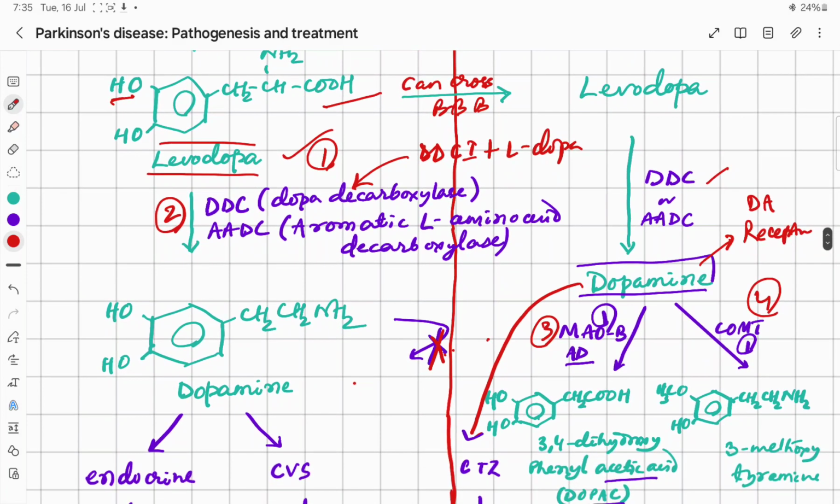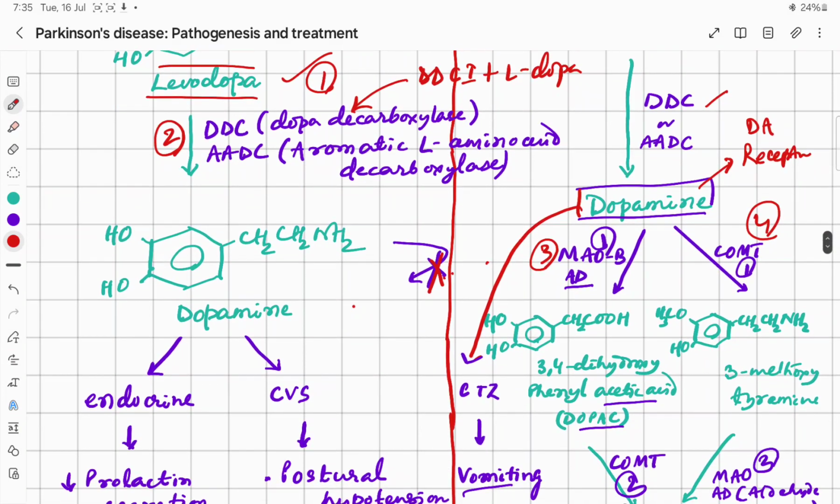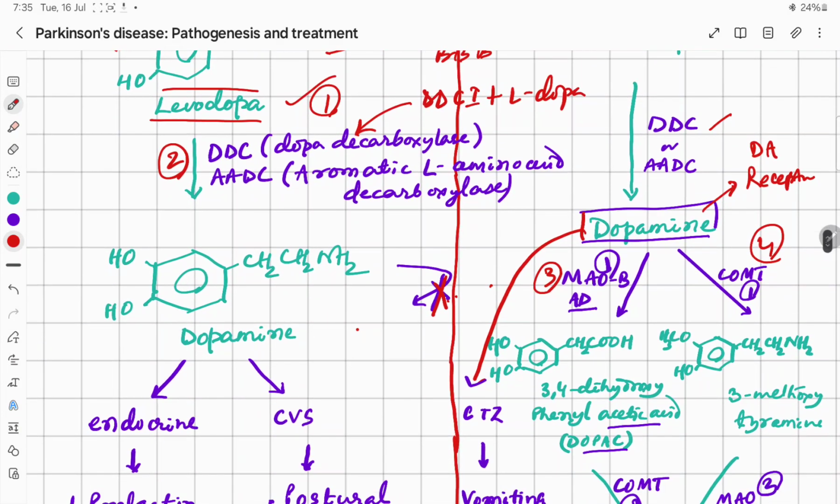Then this dopamine can be metabolized by two enzymes, monoamine oxidase, the isoform B, MAO-B, and catechol-O-methyl transferase, COMT. Usually the monoamine oxidase oxidation is followed by the action of aldehyde dehydrogenase, because initially there will be oxidative deamination of this dopamine.